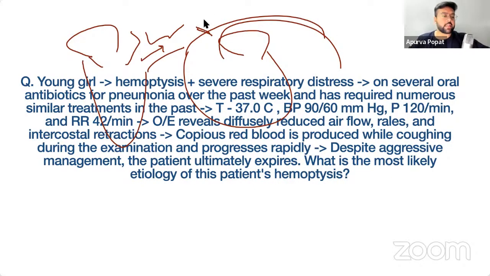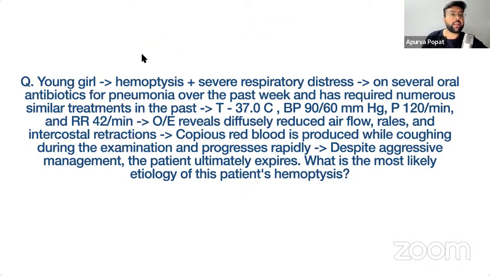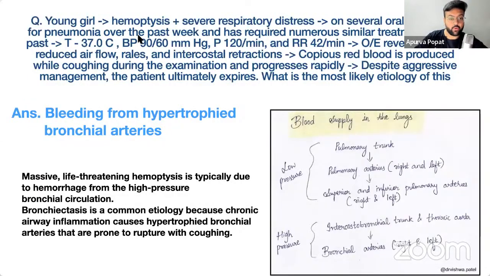Now, which is high pressure, bronchial artery or pulmonary vein? Bronchial artery, because the highest pressure in the aorta is 120 mm Hg, while the highest pressure in the right ventricle is just 25 mm Hg. So the high pressure system is of course the bronchial artery. The bleeding is from a hypertrophied bronchial artery.